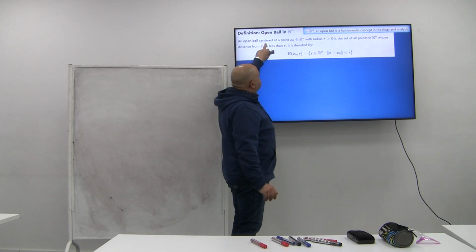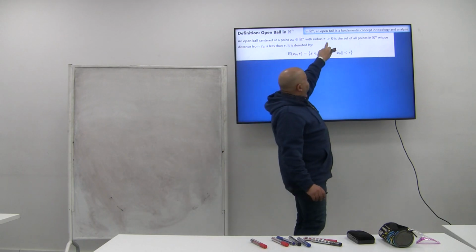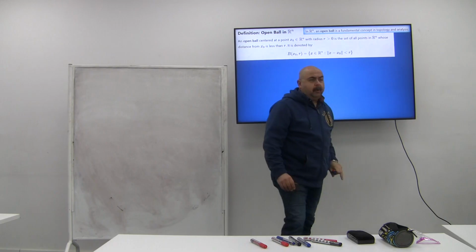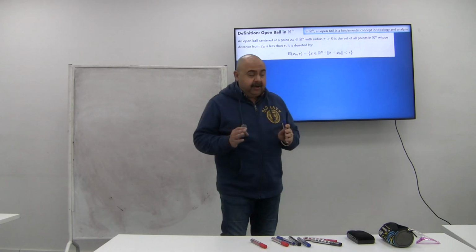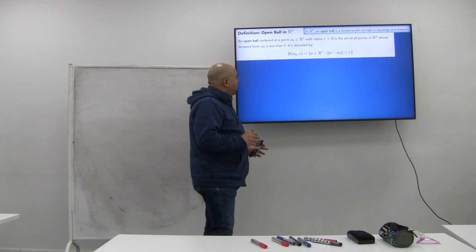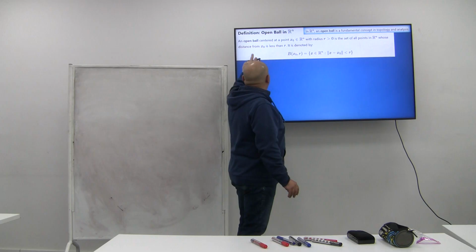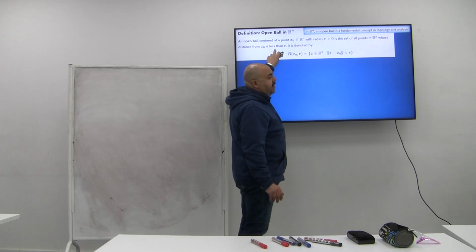An open ball centered at a point x node that belongs to Rn with radius r greater than 0 is the set of all points in Rn whose distance from x node is less than r.